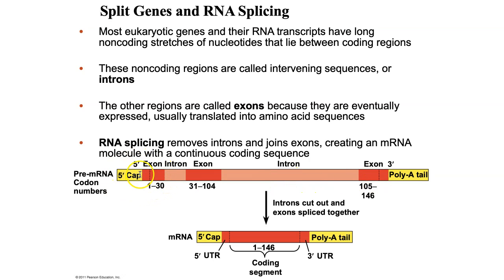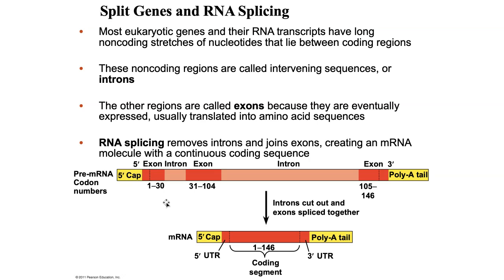We stuck our 5' cap on. We stuck our poly-A tail on. But you'll see here that there are these darker red and lighter pink colored regions. Those represent parts of the transcript that are coding and non-coding, meaning parts that make proteins and don't make proteins. So the point of this is to create a protein, right? So we want to splice out the parts that are not going to code for a protein.